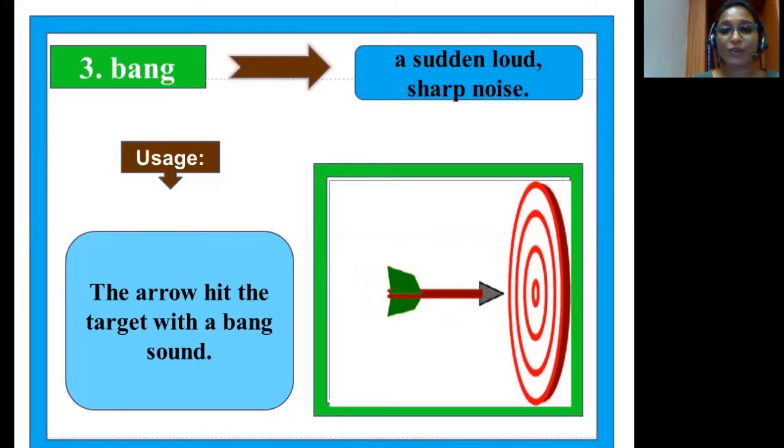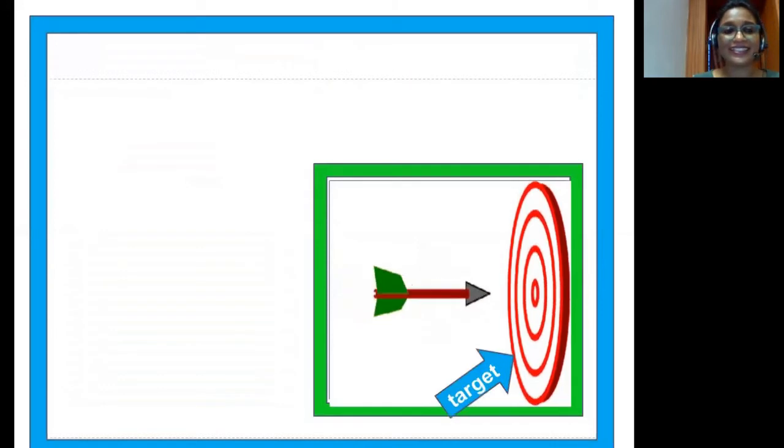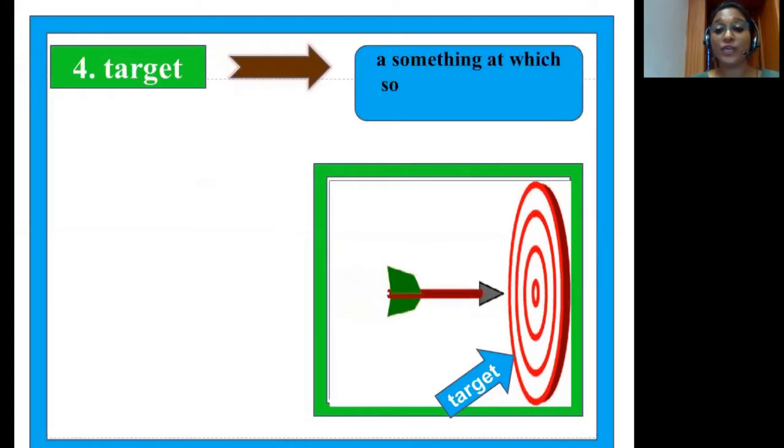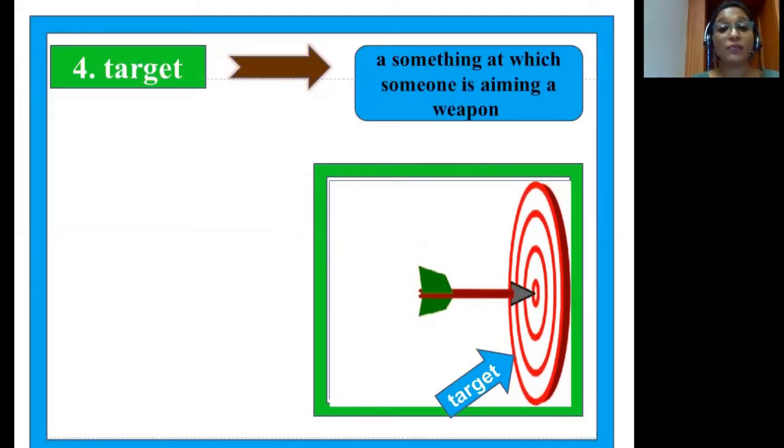Now let's check out our next new word. Our fourth new word is target, and it means something at which someone is aiming a weapon. Children, I have used the same video here. You will find the arrow hitting a target with a bang sound. So the red circular thing that is given here is the target where the arrow comes and hits.